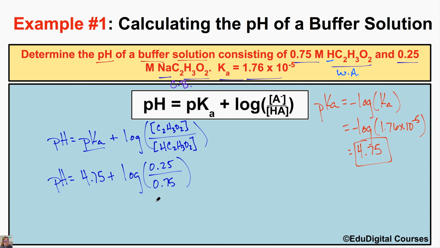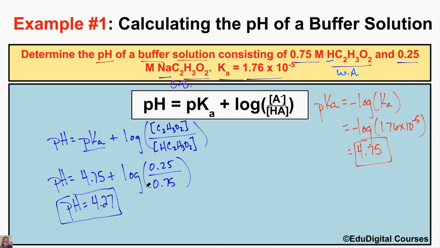And so, once we plug this into our calculator, when we take 4.75 plus the log of 0.25 divided by 0.75, we're going to end up with 4.27, a pH equal to 4.27.